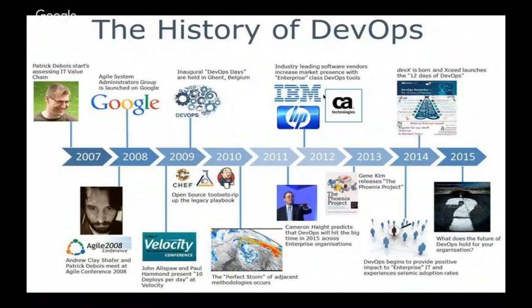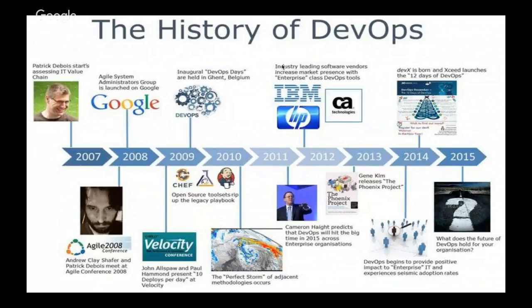And then at the Velocity conference, the DevOps concept was also talked about much more. In 2009-10, open source tools like Chef came into the picture, and a lot of other tools like GitHub and Jenkins came into the picture in the early period of 2009-10, and people started to look into more and more such things.